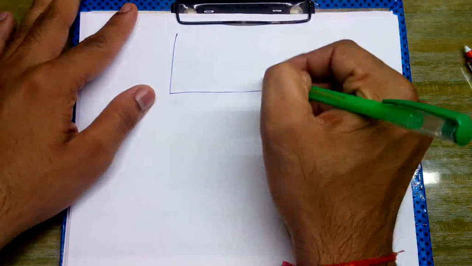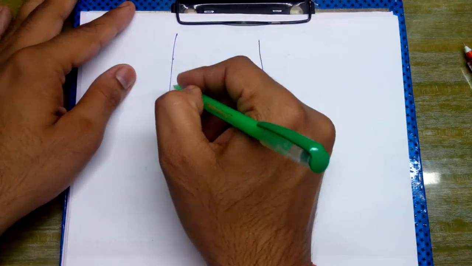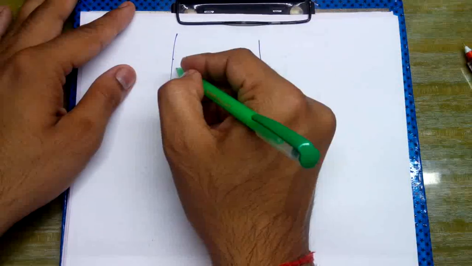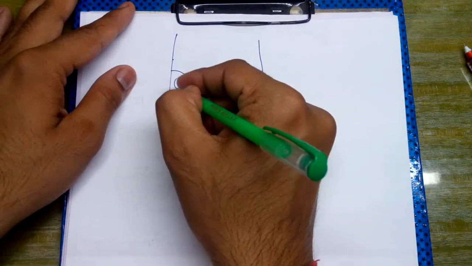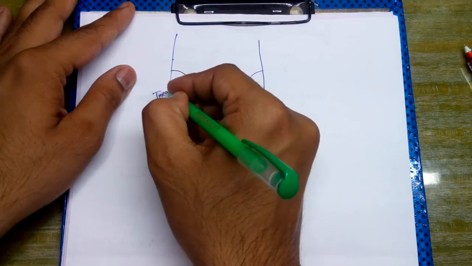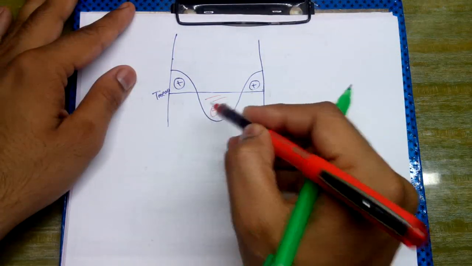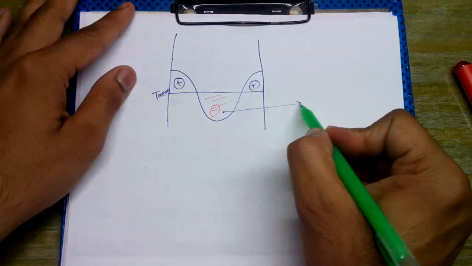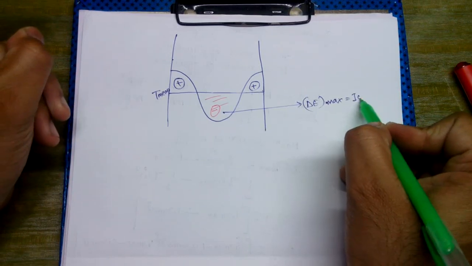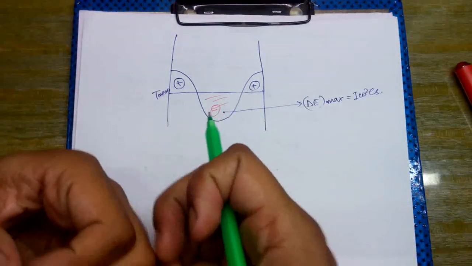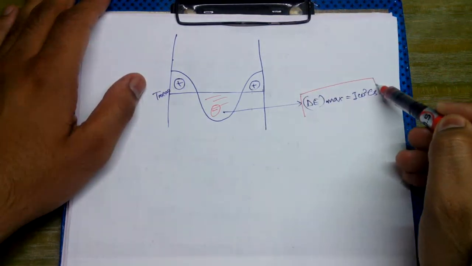Now we take another example which is similar to this. Say this is positive because this is the T mean line, and this is also positive, and this region is negative. So we will definitely apply delta E max is equal to I omega square CS for this region, and we will solve the numerical.